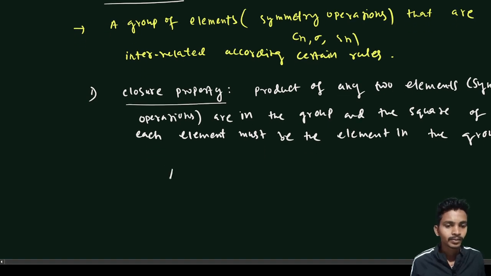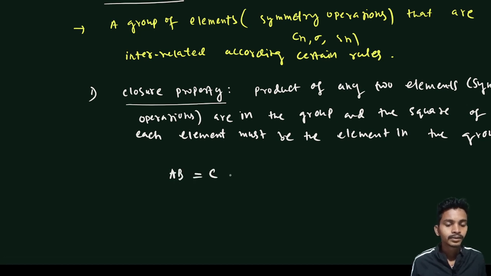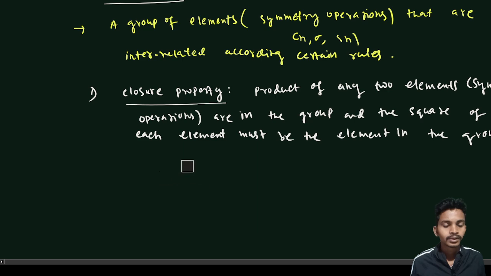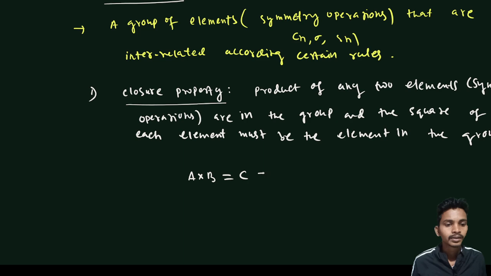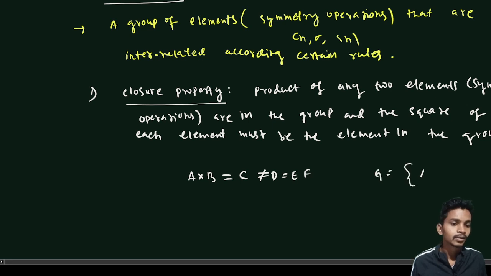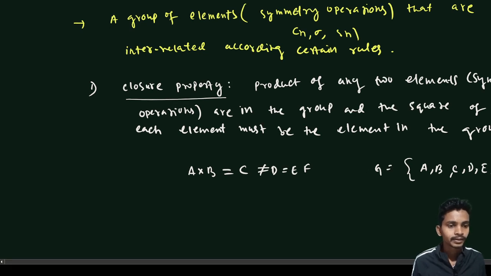Let's say A into B is equal to C. That cannot be equal to D, but E and F, and let's say in the group all the elements will be A, B, C, D, E, F. That's what the closure property says.